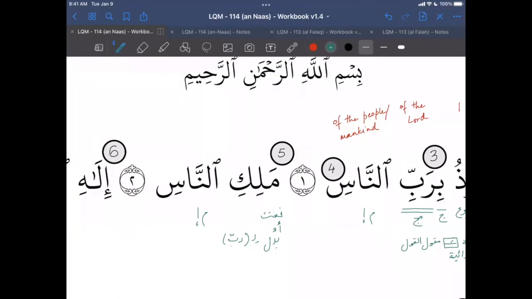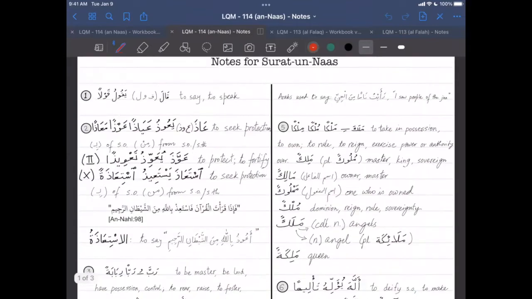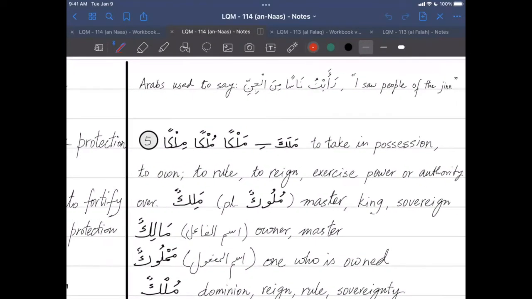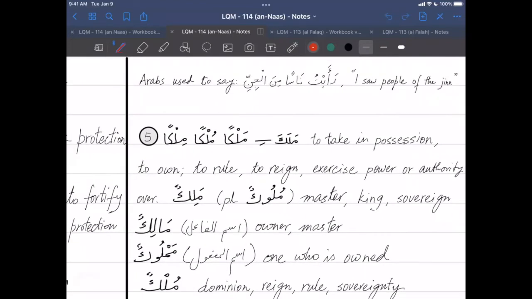And looking at the word meanings, the word Malik comes from Malaka yamliku, mim lam kaf, bab zaraba, and the masdar being malkan, mulkan, or milkan, meaning to take possession, to own, to rule, to reign, to exercise power or authority over.